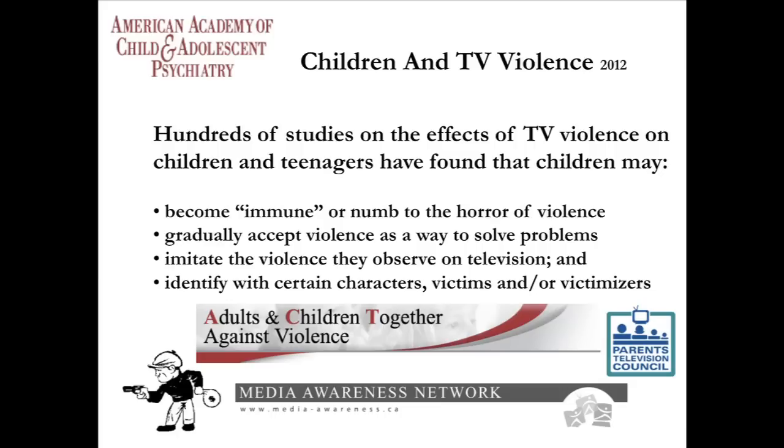And they gradually accept violence as a way of solving their problems. And they imitate the violence they observe on television, whether that's from realistic type shows or cartoons. And they identify with certain characters, victims, or the victimizers as they appear on television.